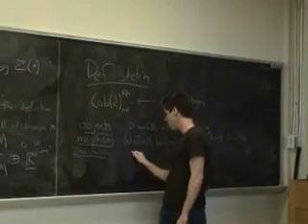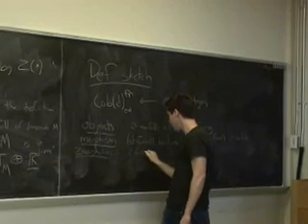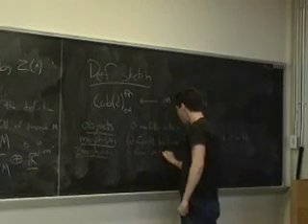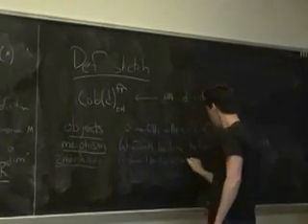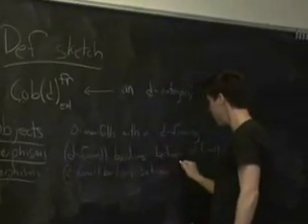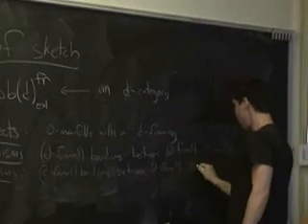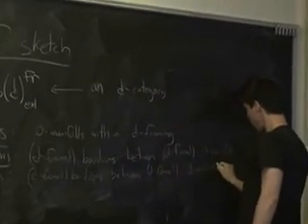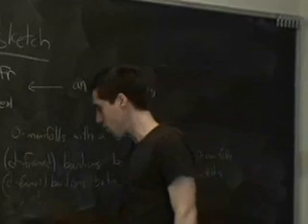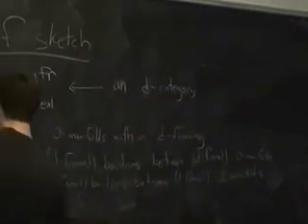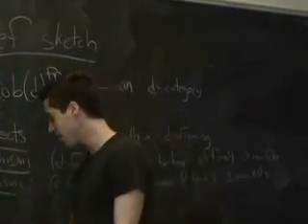So these are going to be d-framed cobordisms between d-framed one manifolds, and so on and so forth. You're supposed to go all the way down to d. That's what it means to be a d category.